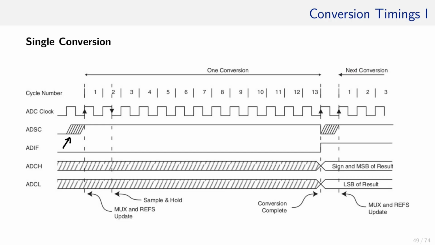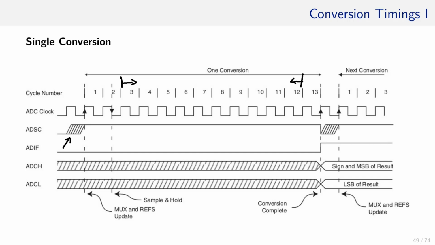The sample and hold takes 1.5 clock cycles. That means with the third clock cycle, the conversion starts, and it takes 10 cycles for all 10 bits. To make the result available in the data registers, 1 clock cycle is required, hence 13 clock cycles in total.